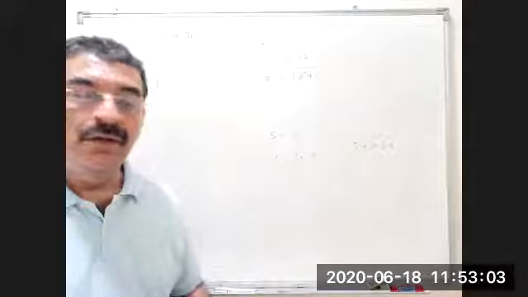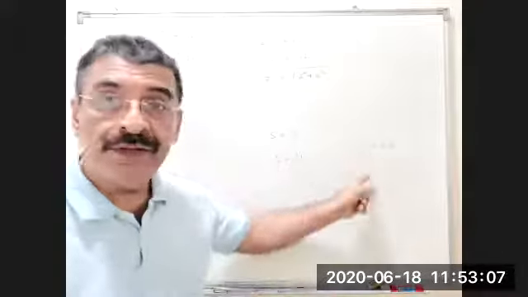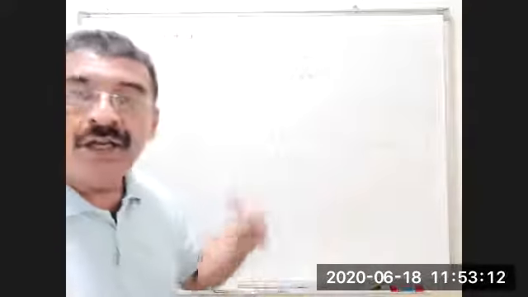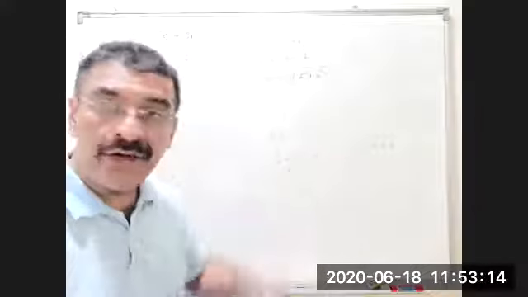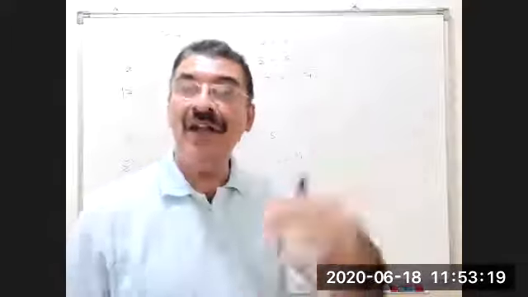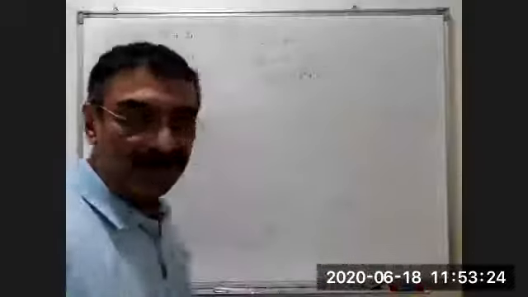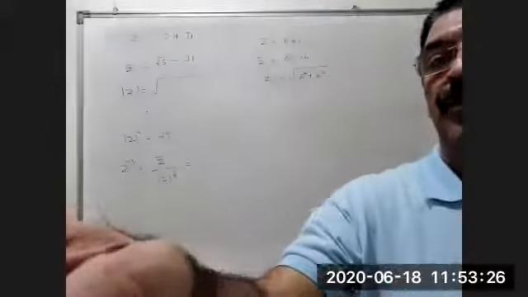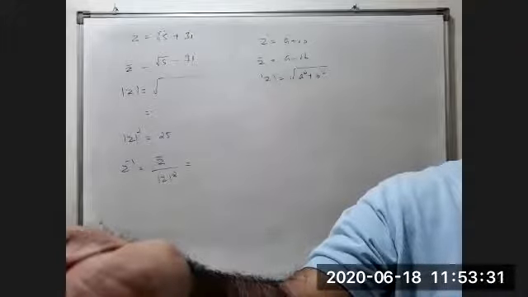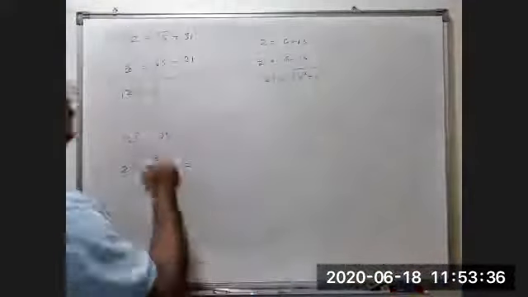No. Only like terms can be added. 5x plus 3x can be added. 5 plus 3x remains as it is. That is why 5 plus 3i, we cannot write as 8i. So we cannot write it. No problem, genuine doubts are fine.